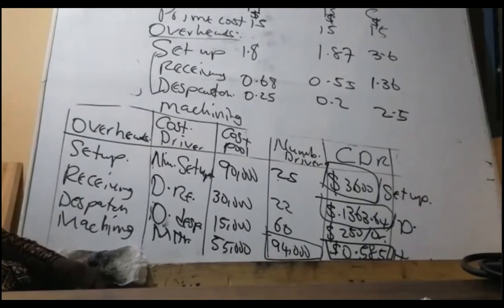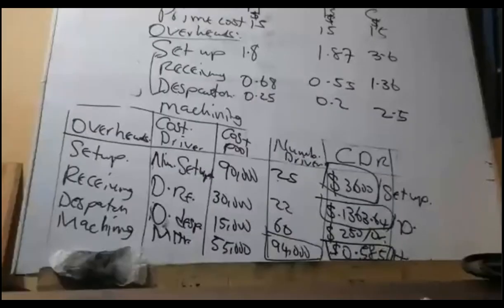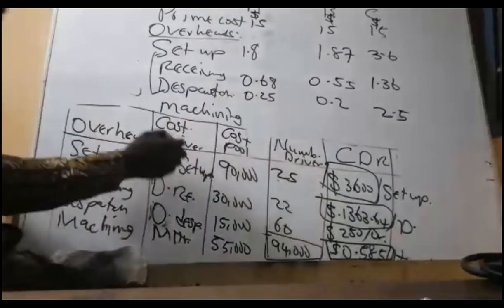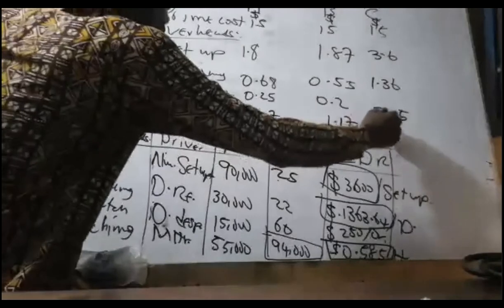The machine hours are 2. So we multiply the 0.585 by 2. Straightforward. Don't divide it. 0.585 times 2 will give us 1.17, and it's going to be the same throughout. 1.17, 1.17, 1.17.